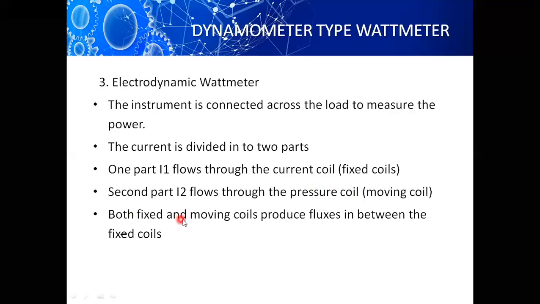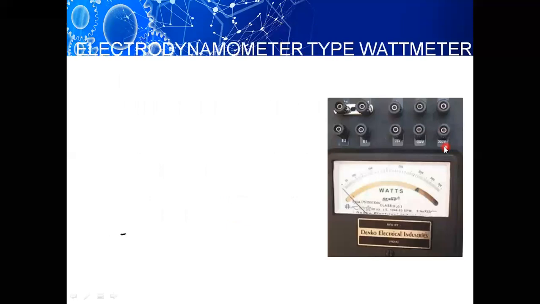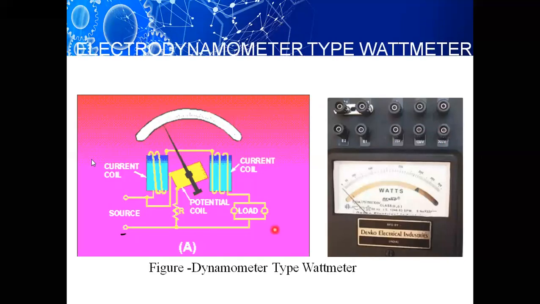Now both fixed and moving coils produce flux between the coils. So this is the circuit again. It is the same. Now you can see that this is the current coil, and this is the potential coil, and this is the load. Let us see how it is connected.